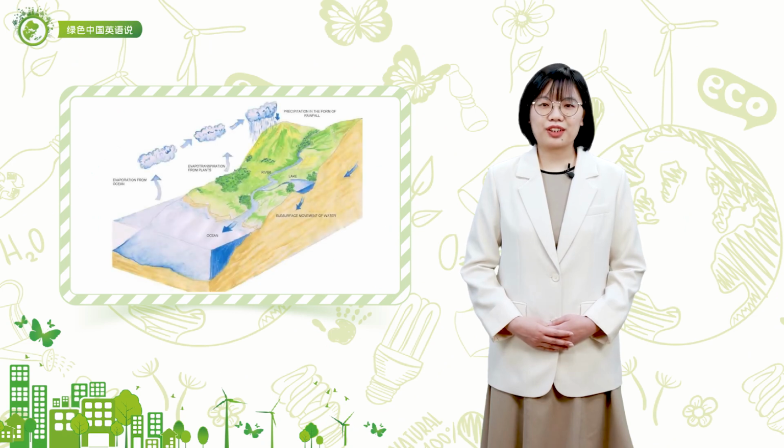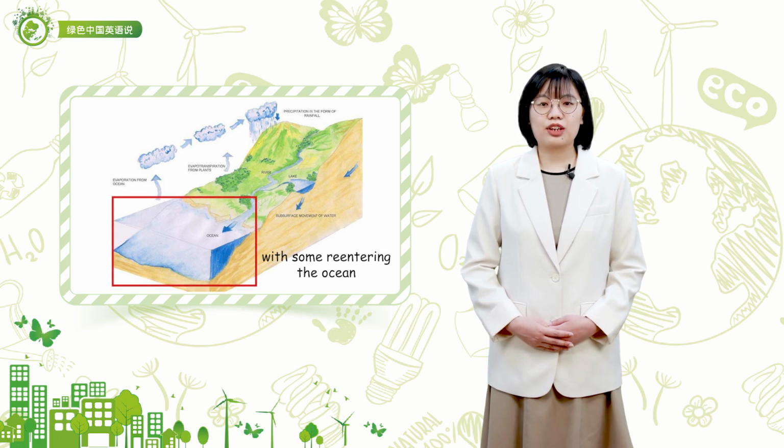Also, groundwater can move into plants and evaporate from plants into the atmosphere. Over time, though, all of this water keeps moving, with some re-entering the ocean, where the water cycle begins. This is the entire journey of the water cycle.